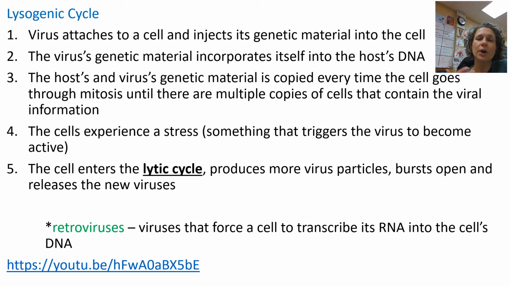And so eventually you have a lot of cells that contain this viral information. When those cells, or that organism that is made up of those cells, goes through some kind of stress, it can be another illness, something that is tiring, whatever it is, it triggers the virus to become active. And then the cell enters the lytic cycle, produces more viral particles, bursts open, releases new ones. So it goes through a waiting period, but then basically gets back into the lytic cycle.